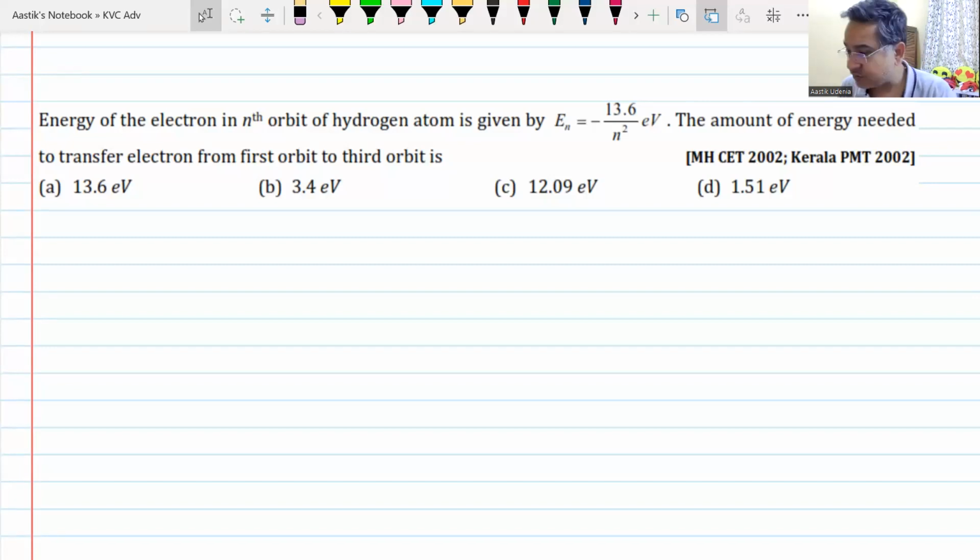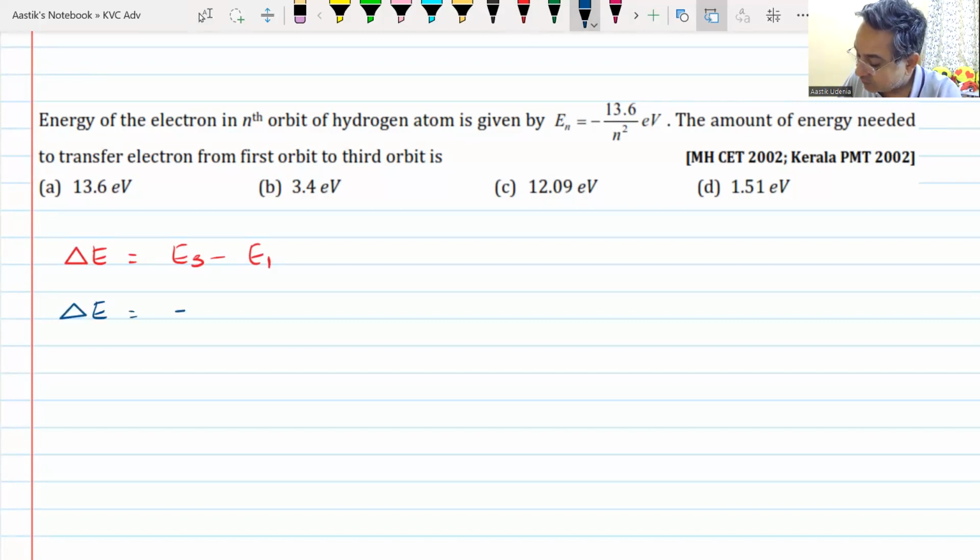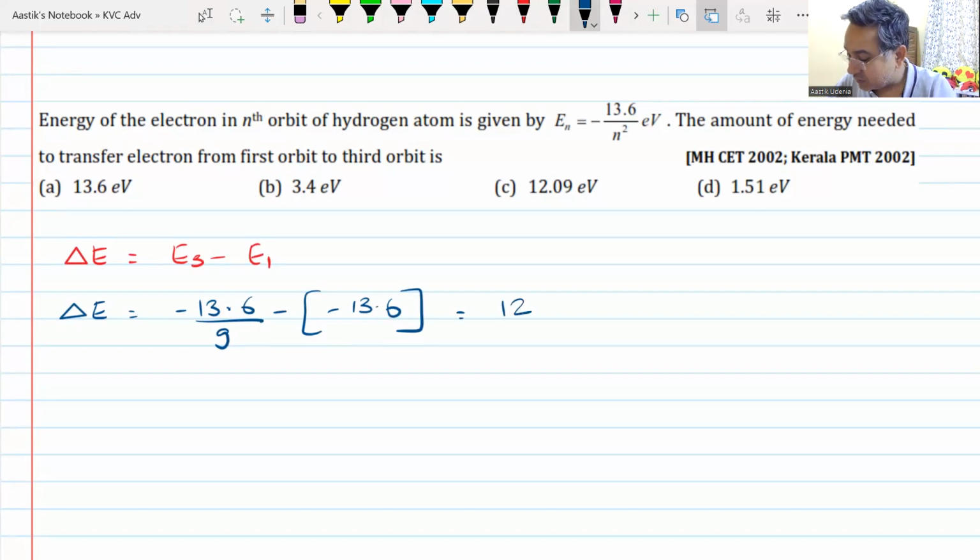So basically, you need to transfer an electron from the first to the third orbit, lower to higher energy level. So you need energy. How much is the energy you need? It is the difference in energies, that is simply equal to energy in the third orbit minus energy in the first orbit. So the energy you need is minus 13.6 divided by 3 square, which is 9, minus of minus 13.6. Yes or no? Yes. You must remember all these values. What is the energy required to move it from first to second, first to third, first to fifth?